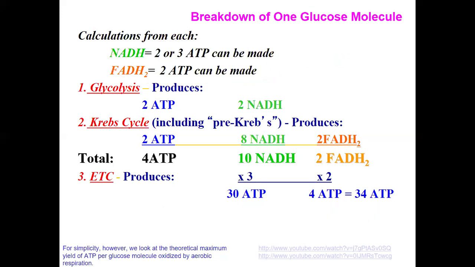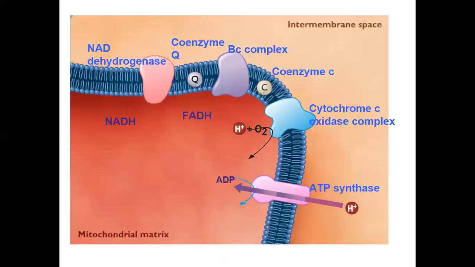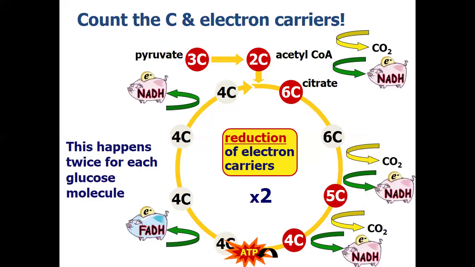Okay. So for the Krebs cycle, we have 1, 2, 3, 4, 5, 6, 7, 8. Then the 9th one goes back to citric acid.